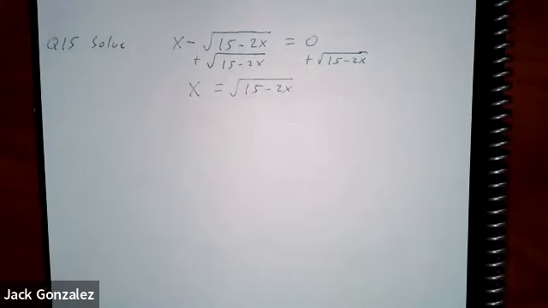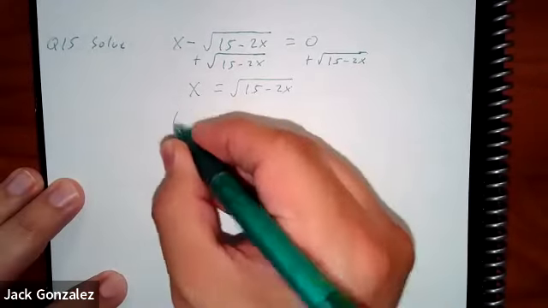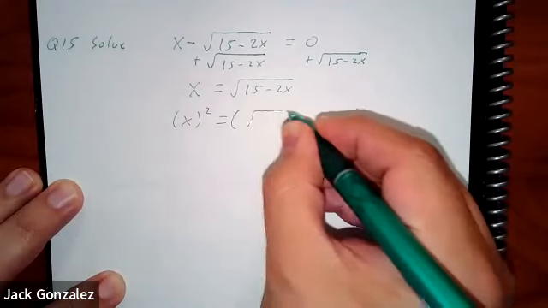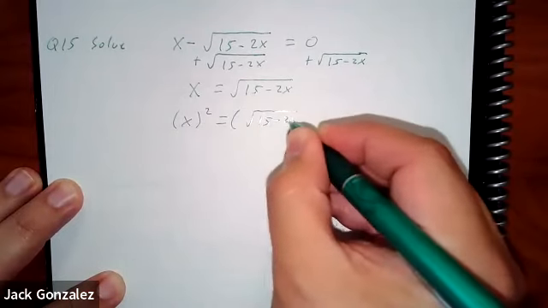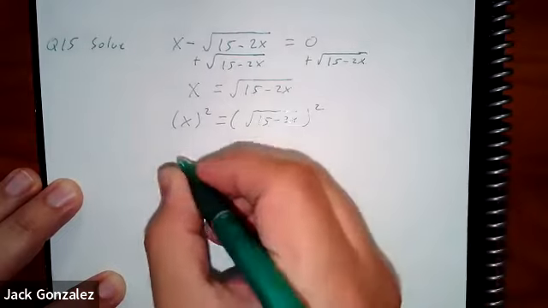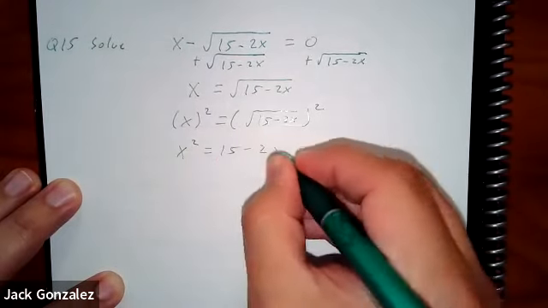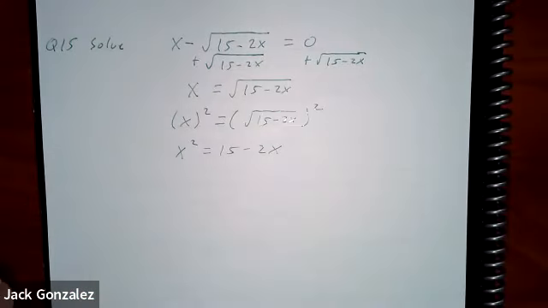Okay, so you add the root part to both sides to cancel it. Now square both sides to cancel the square root. Once you have a quadratic, we have to set it to 0.